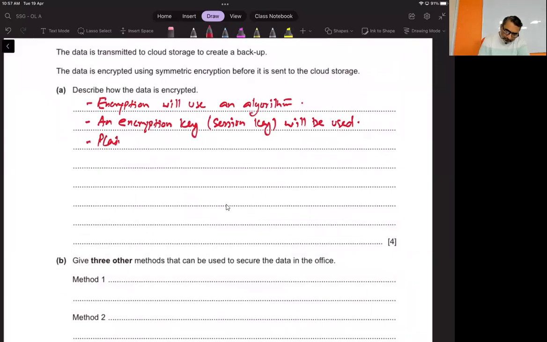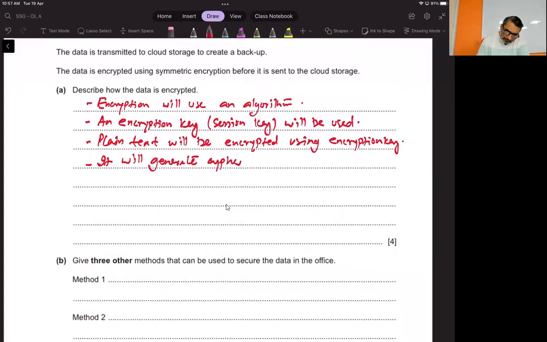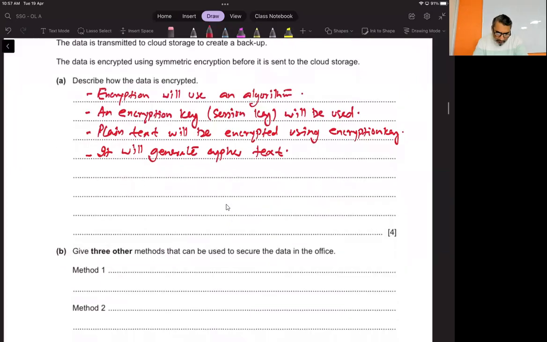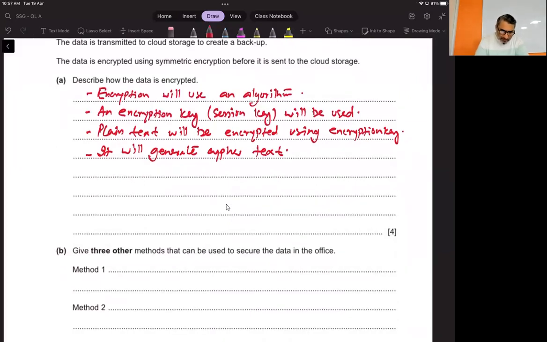Plain text will be encrypted using the encryption key. It will generate cipher text.